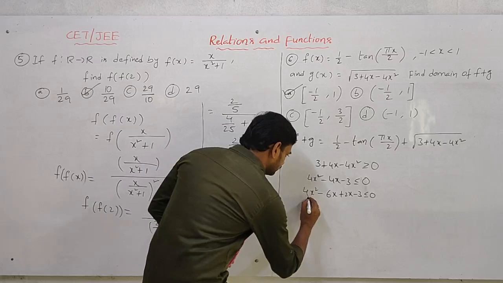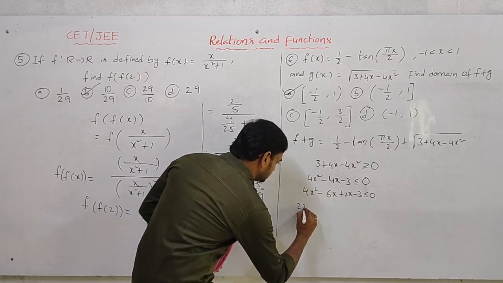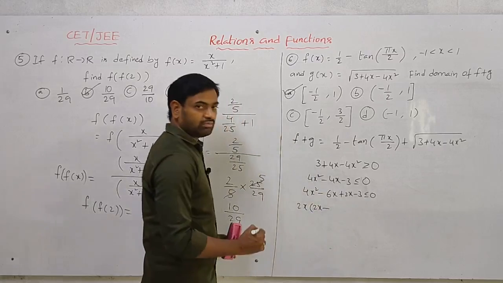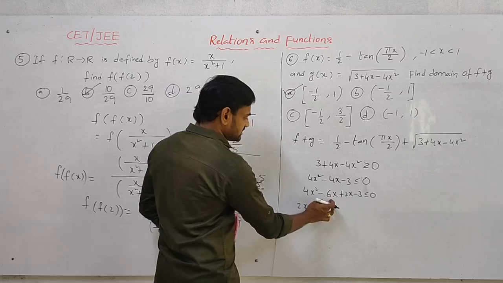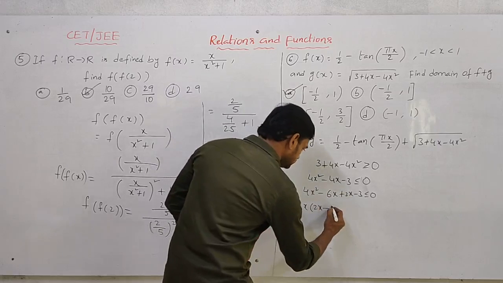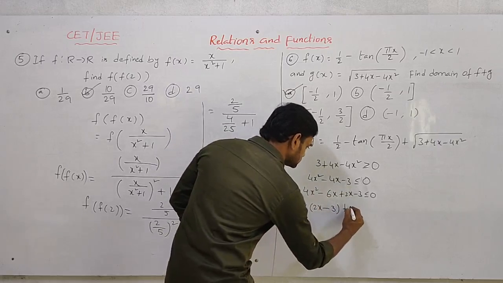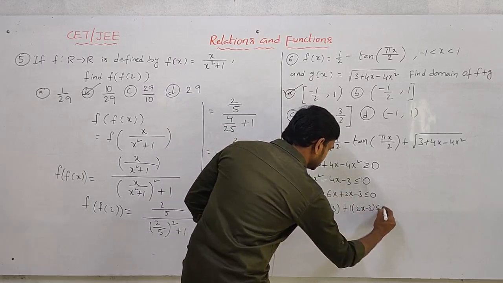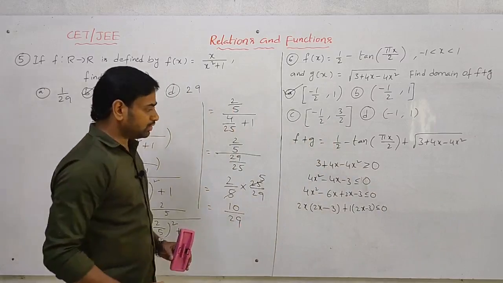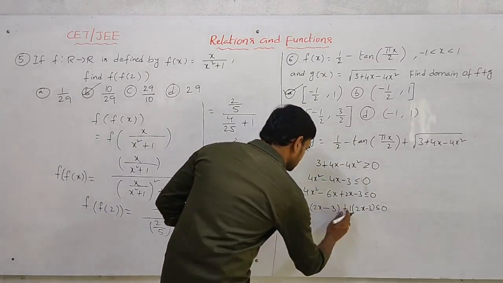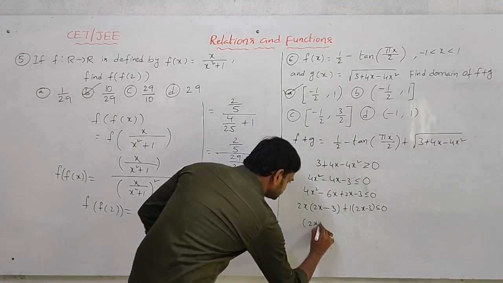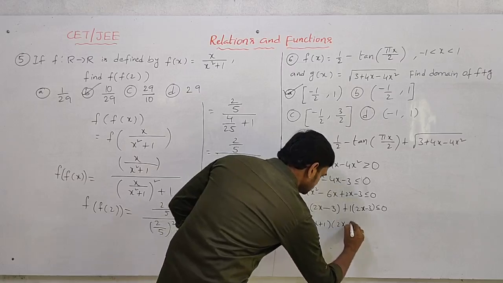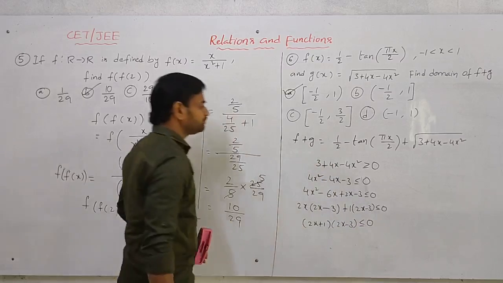Now, in the 4x square and 6x, I am taking 2x common. Remaining is 2x minus 3. Plus here 1 is common, 2x minus 3 less than or equal to 0. Now I am adding 2x plus 1, because 2x minus 3 is common, less than or equal to 0.